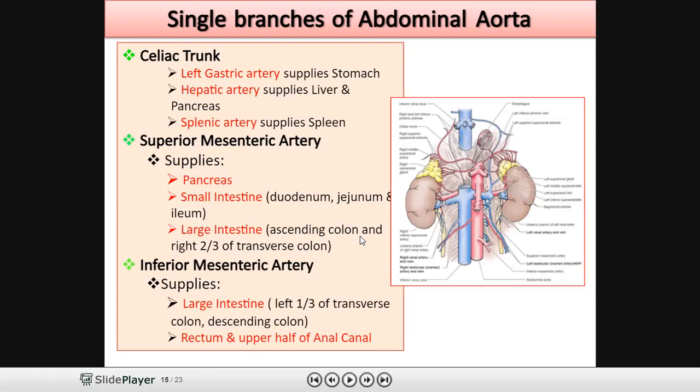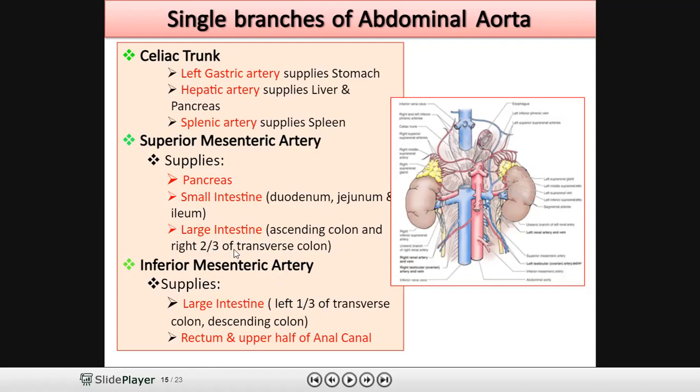Your descending colon and your sigmoid colon are not supplied by the superior mesenteric artery. They are supplied by the inferior mesenteric artery. So the inferior mesenteric artery will supply the large intestine also, but what part? The remaining one-third of the transverse colon.